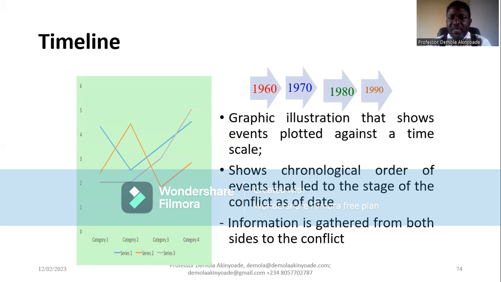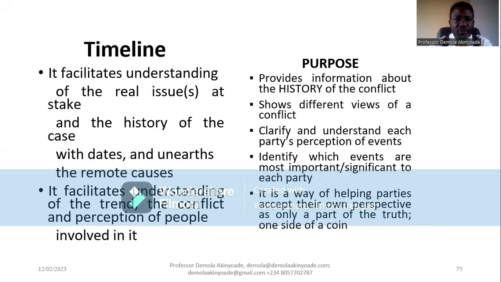And then we want to gather information from both sides of the divide, from both sides of the conflict. So it facilitates understanding of the real issues at stake and the history of the case with dates, and it helps us to unearth remote causes.